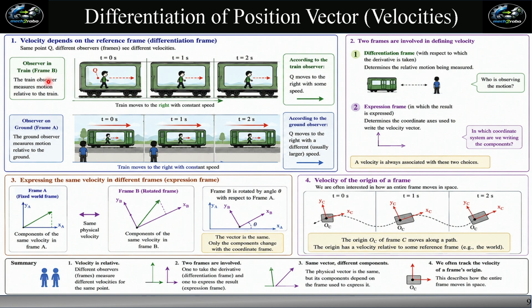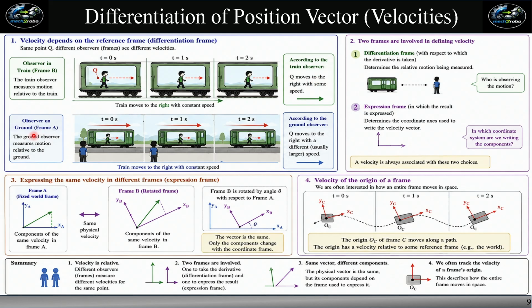The train observer measures the motion relative to the train, and the train moves to the right with constant velocity. At t0 it is at this location, at t equal to 1 it is at this location, and at t equal to 2 it is at this location. According to the train observer, q moves to the right with the same speed as it actually moves.